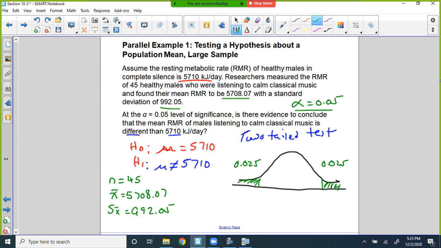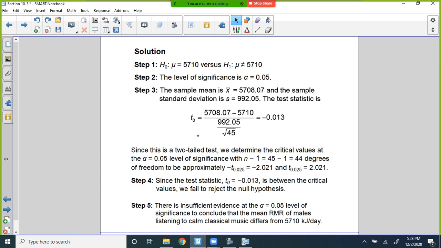Now, did they give us the degrees of freedom? I don't think they gave us the degrees of freedom, and I really need the degrees of freedom to be able to do what I need, unless they gave it to me on the next page. Let's think about this. Did they give it to us?